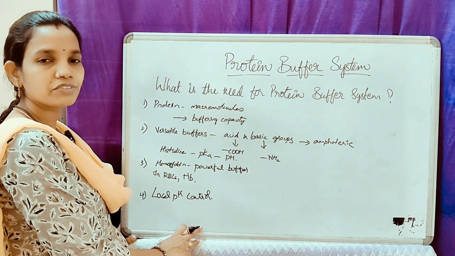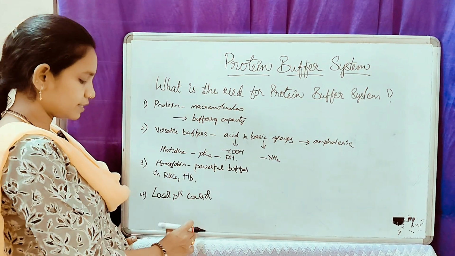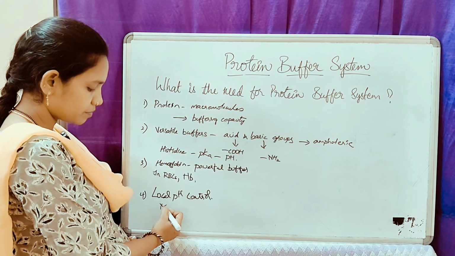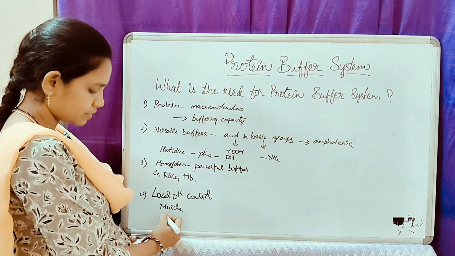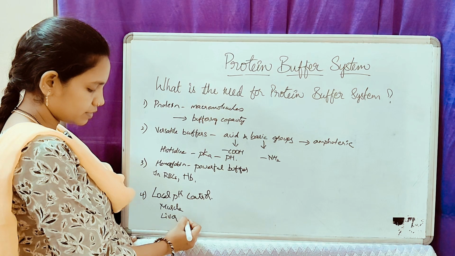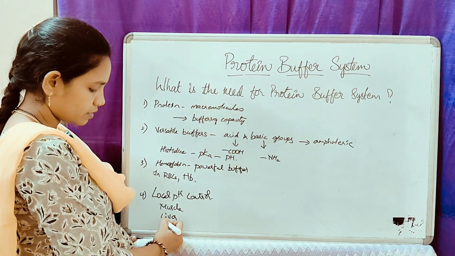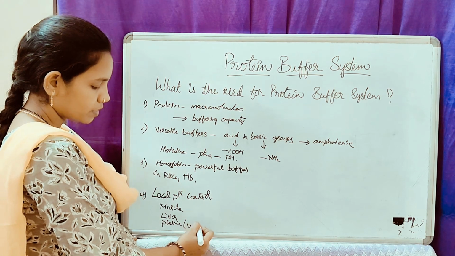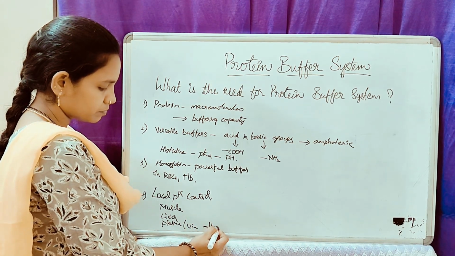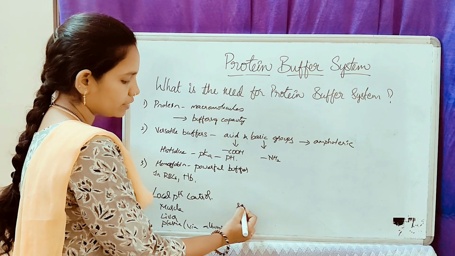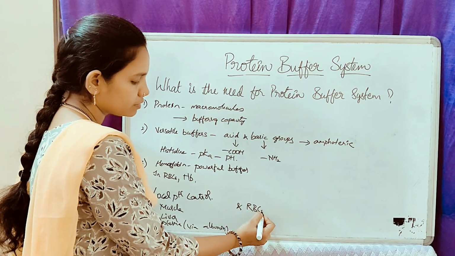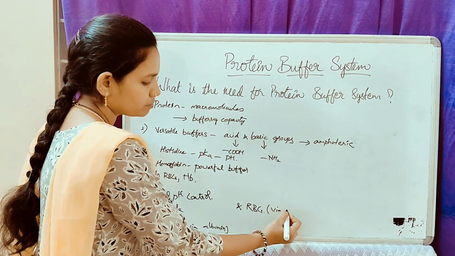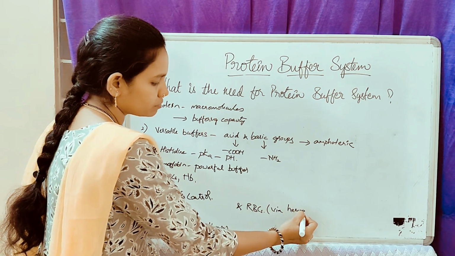It regulates pH inside and outside the cells, especially like muscle cells, liver cells, and blood plasma via albumin, and RBCs via hemoglobin.